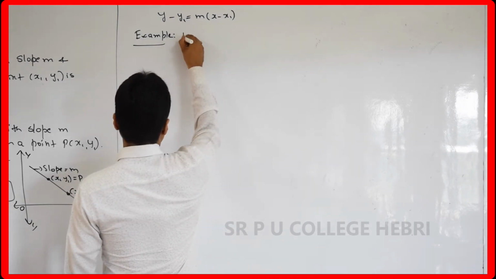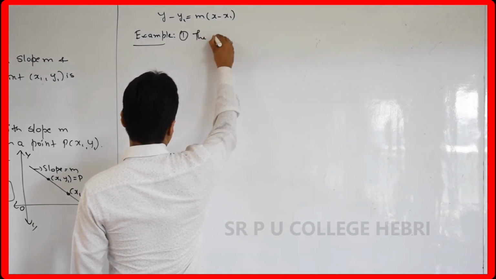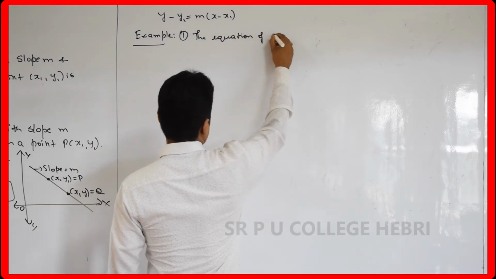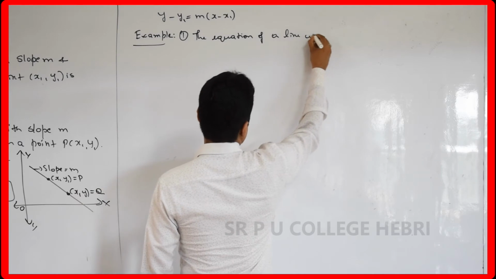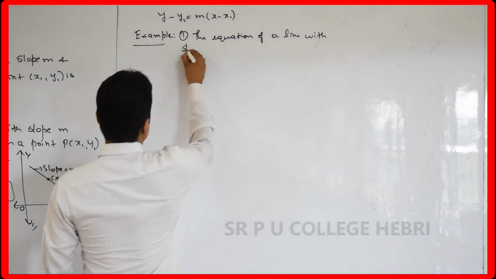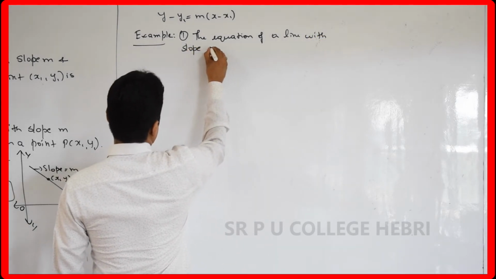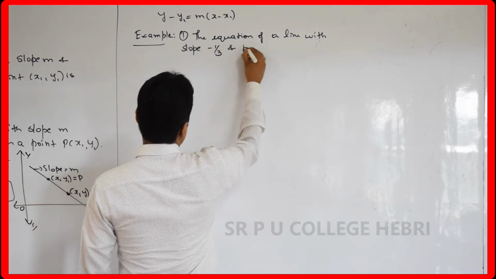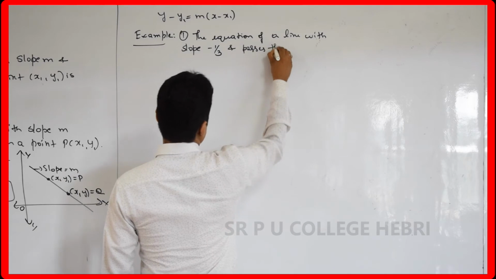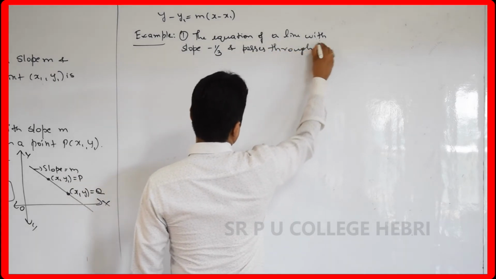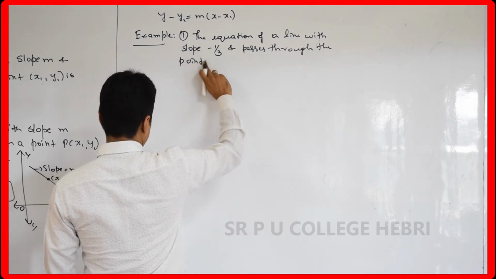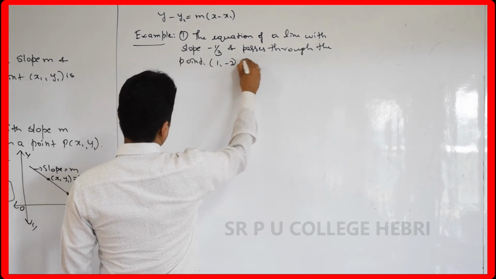In this case, the question will be like this: find the equation of a line with the slope minus 1 by 3 and passes through the point 1 comma minus 2 is.